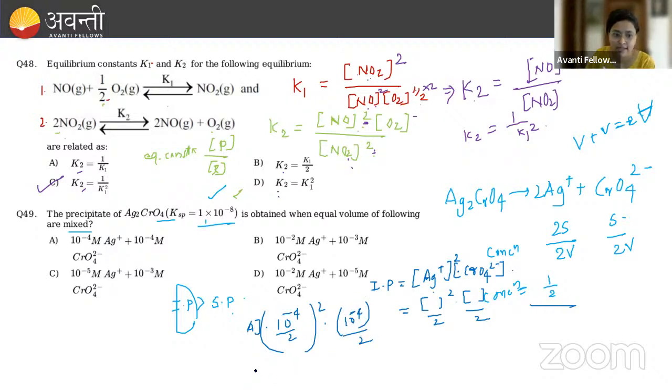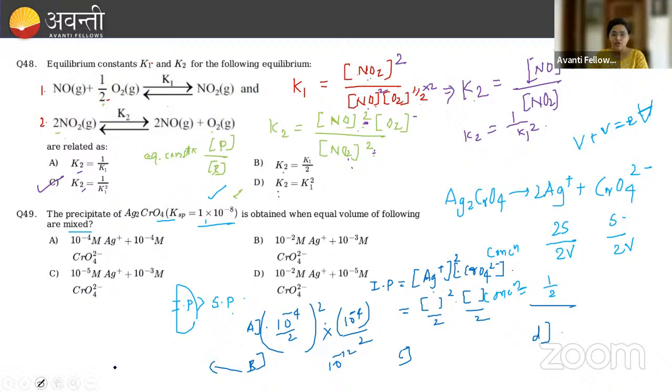When you do this calculation, what will be the answer? You will get 10 raised to minus 4 squared, 4 squared is 16, 16 minus 4, 10 raised to minus 12. Okay, for A. For B, what will be the answer?